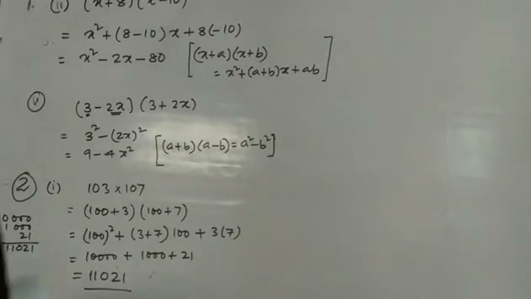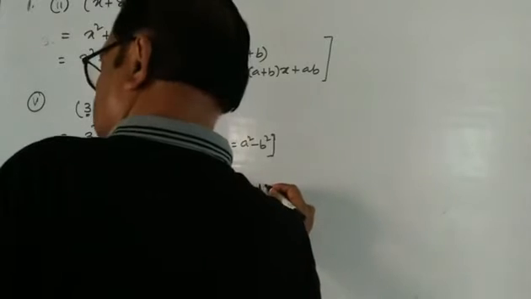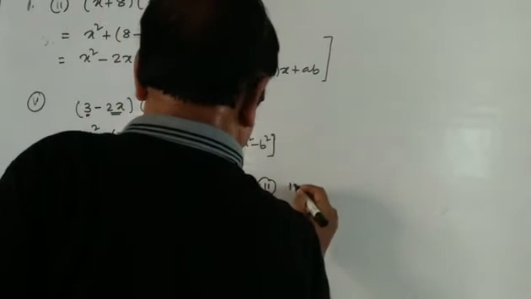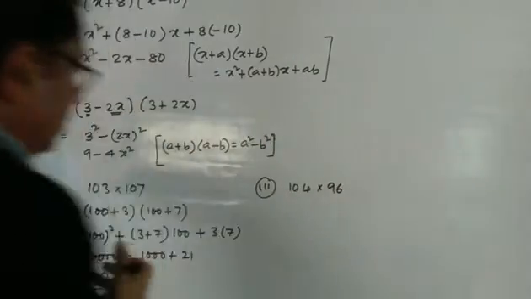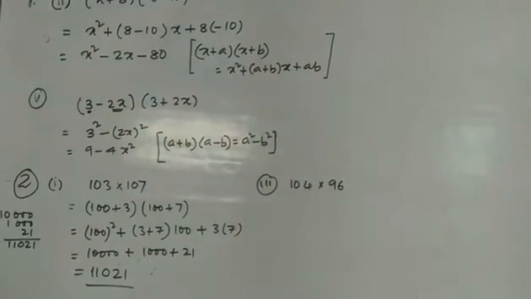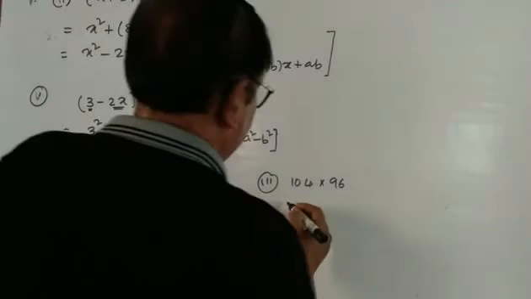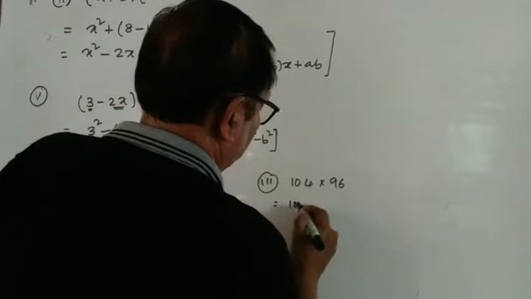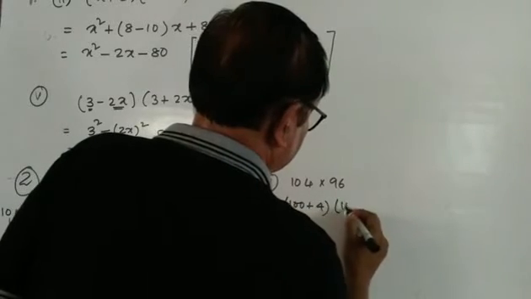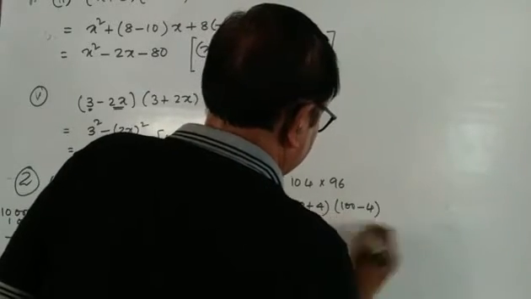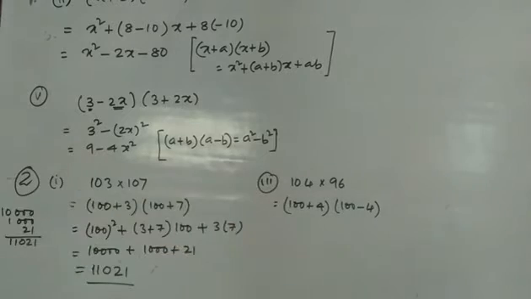One more question I will do for you, that is 3: 104 into 96. We are not supposed to do the direct multiplication. We have to take help of the identity. We will take 100 plus 4 and we will make it 100 minus 4. Again you see, this reminds you of the formula a plus b into a minus b.